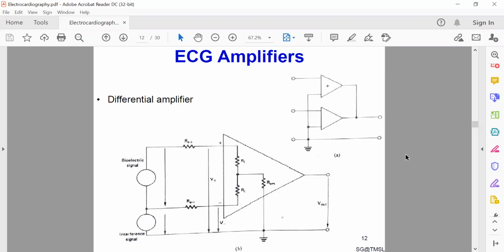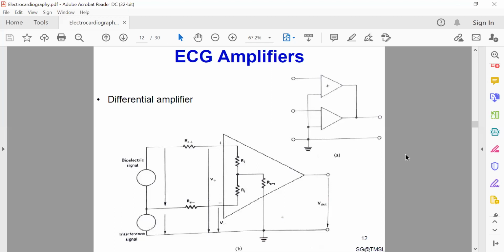So if the two amplifier inputs are connected to the same input source, what happens? The resulting common mode gain should be zero, because the signals from the inverting and non-inverting amplifiers cancel each other at the common output.